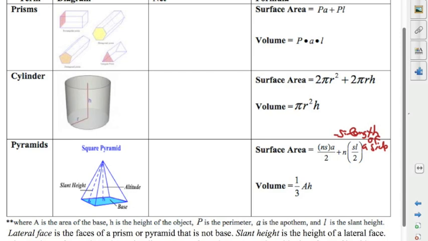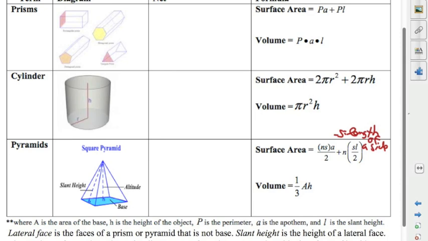A is the area of the base. The apothem is lowercase. And remember when we did the rearranging of formulas way back in the equations unit? I said you can't switch lowercase to uppercase and uppercase to lowercase. You need to keep it the same. And hopefully we're starting to understand why. It's because even uppercase and lowercase variables have different meanings.